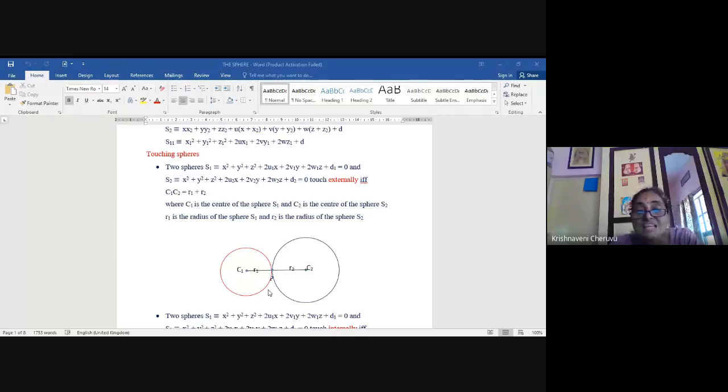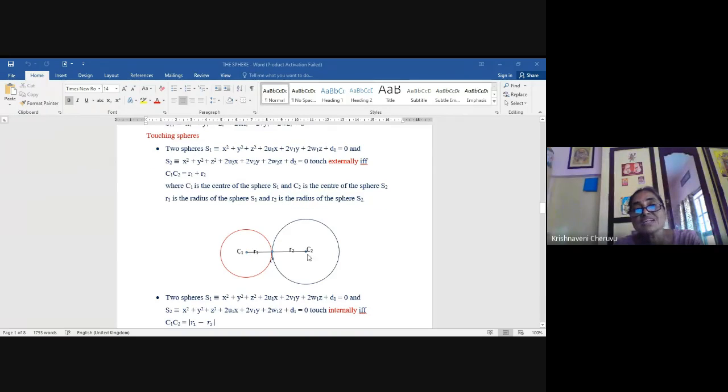So to do the problem, you find the center and radius of each sphere, find the distance between the centers using the distance formula, and then check whether the distance C1C2 is equal to R1 plus R2. If so, those two spheres are touching externally.